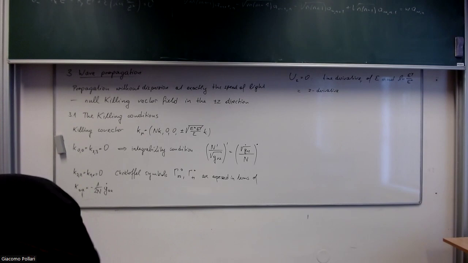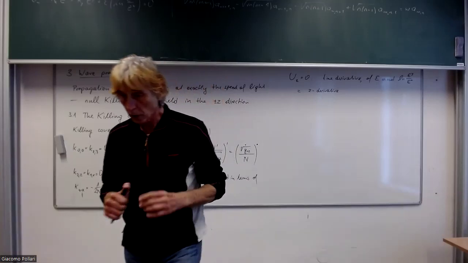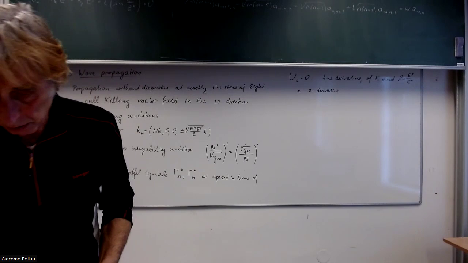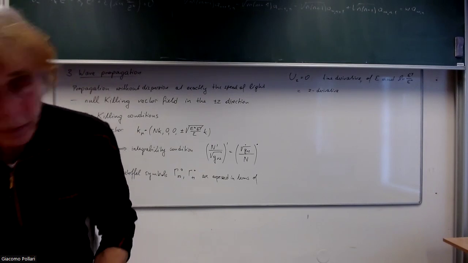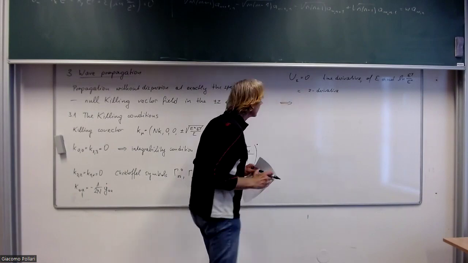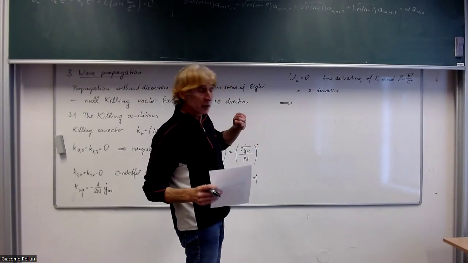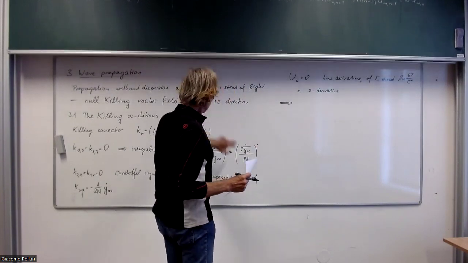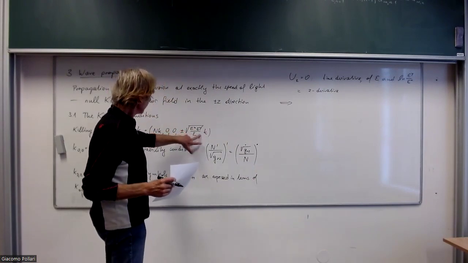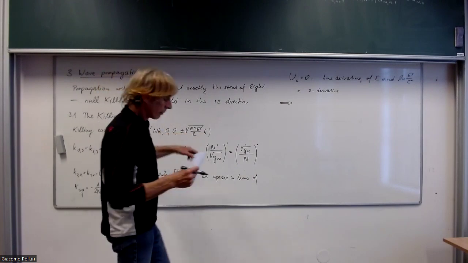And when these are satisfied, from this follows the equivalence of the Hamiltonian and the diffeomorphism constraint when we choose this square root g z as lapse function.